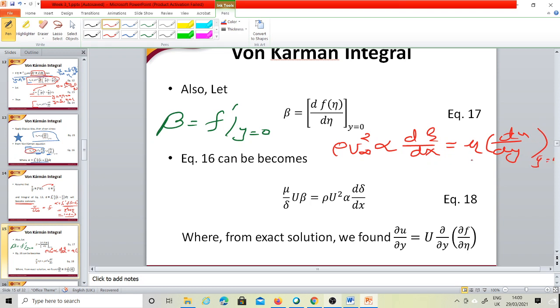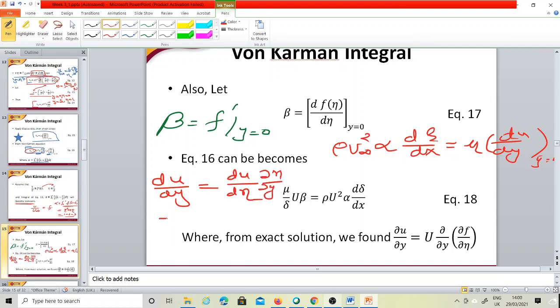Now if you remember last time, what is du by dy? Before we derived this one, du by dy can be written as du by d eta and then del eta by del y.